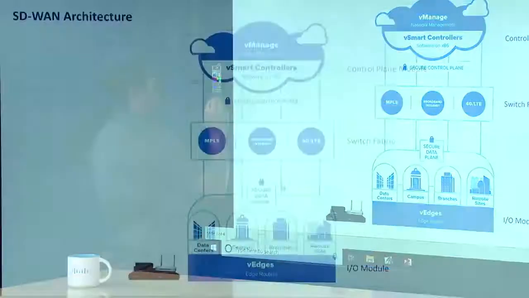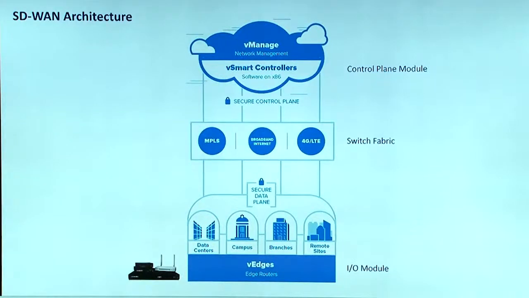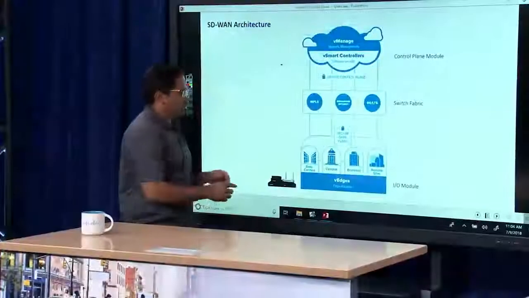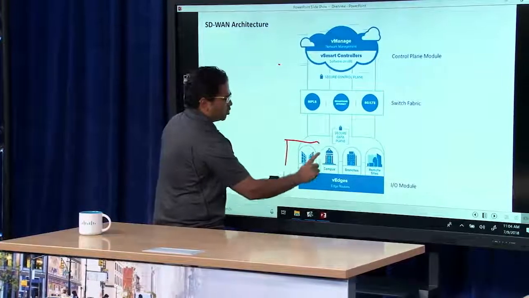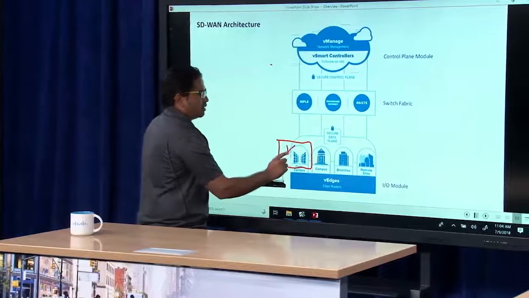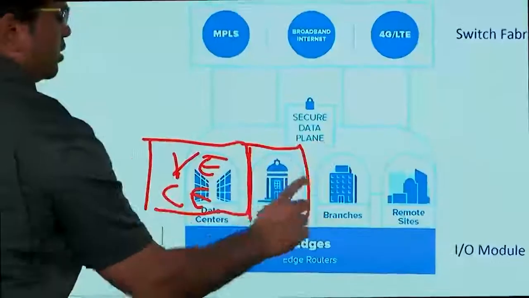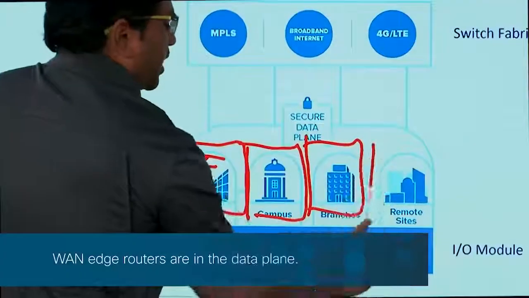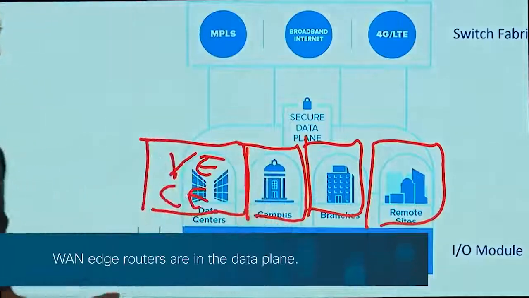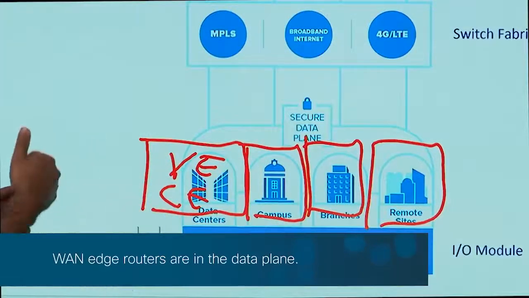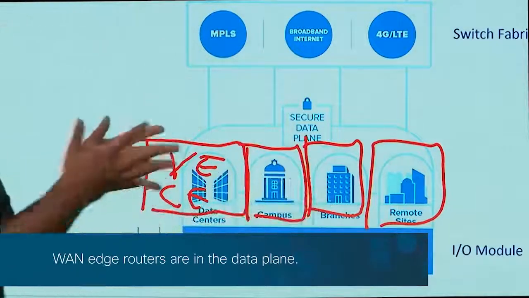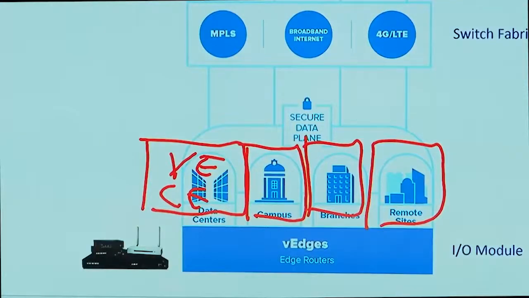the architecture itself. So as you can see, if you remember the previous router, this is the same router right here. The I/O modules, we call the Viptela edges or the C edges, the Cisco edges. These can reside, as you can see, anywhere: the data campus, branches, remote sites, or in the cloud itself.